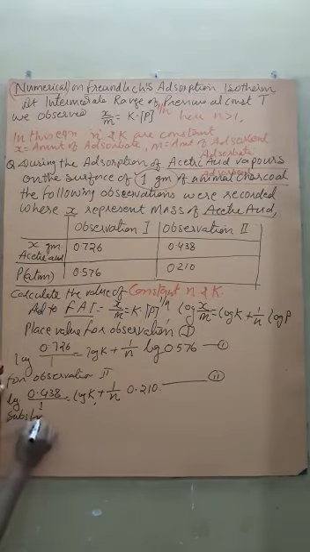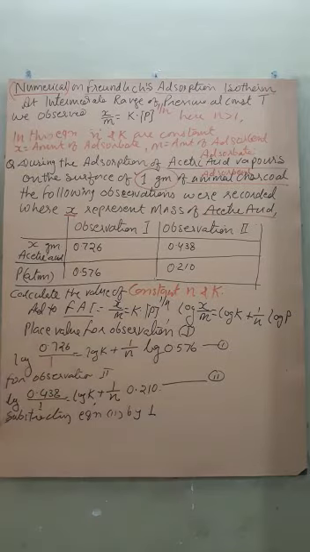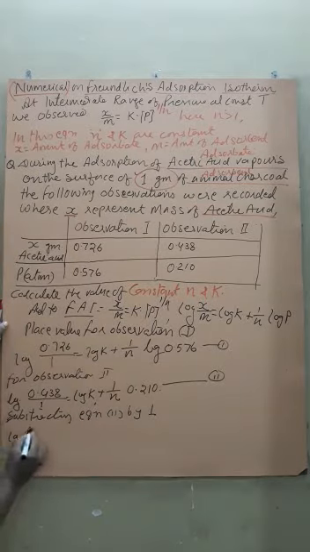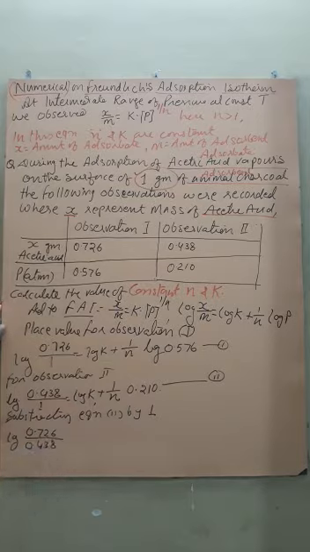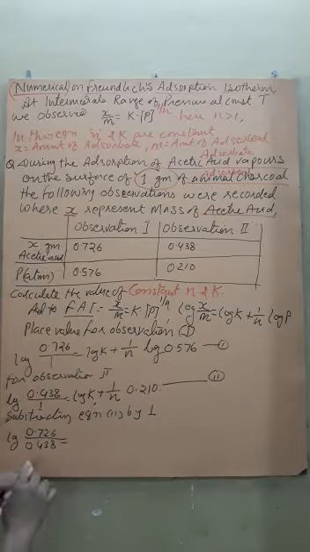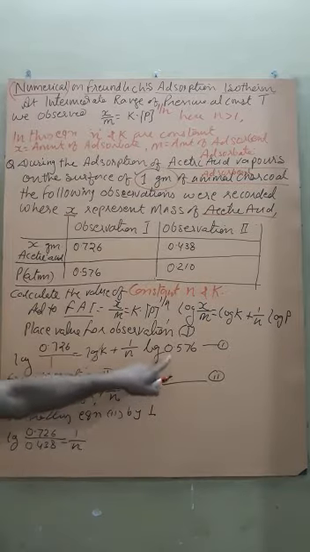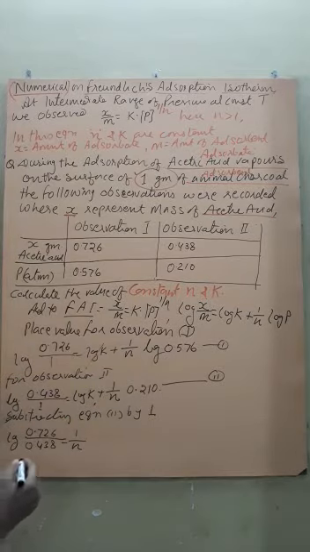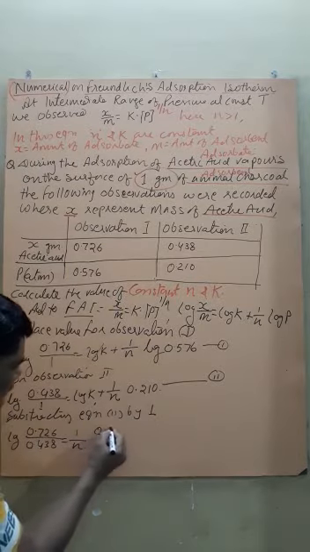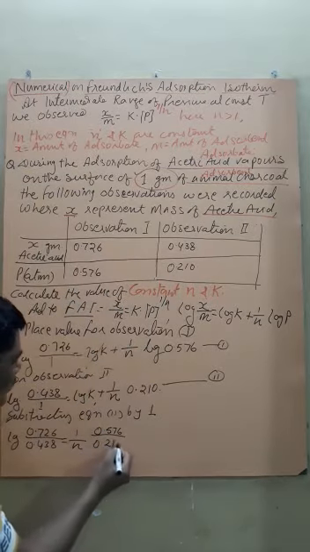Subtracting equation 2 from 1. Now we will get log 0.726 divided by 0.438 is equal to, now subtracting means log K will subtract by this log K. Therefore it will be 1 upon n, and now we are subtracting means log of 0.576 upon 0.210.